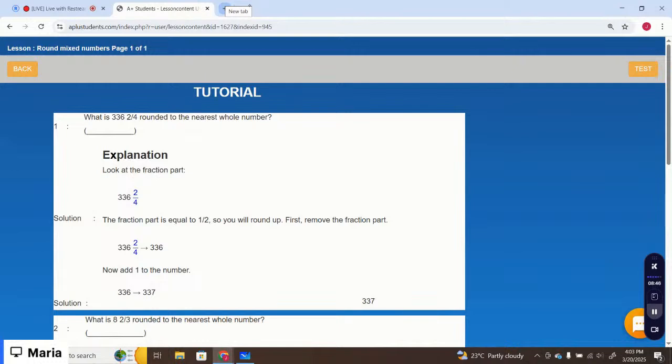What is 336 whole 2 by 4 rounded to the nearest whole number? 336 whole 2 by 4. So basically, you have to see the fractional part. The fractional part is 2 by 4. You need to compare the fractional part to 1 by 2.